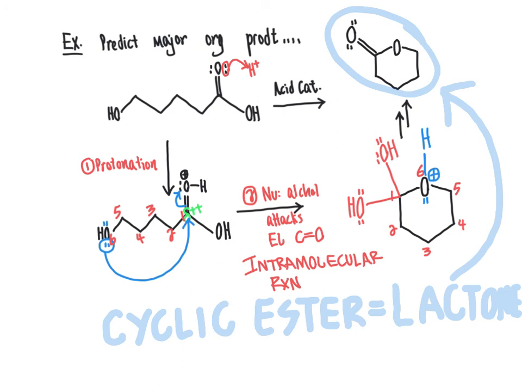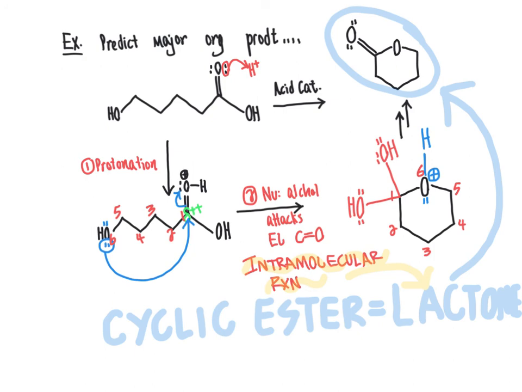So a synopsis of when a lactone will be formed is that intramolecular Fischer esterifications are going to yield lactone products because they are going to make an ester that is cyclic via the intramolecular reaction of an alcohol group with a carboxylic acid in the same molecule to form a ring which contains an ester functional group.